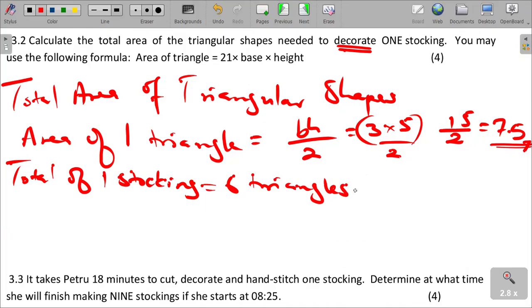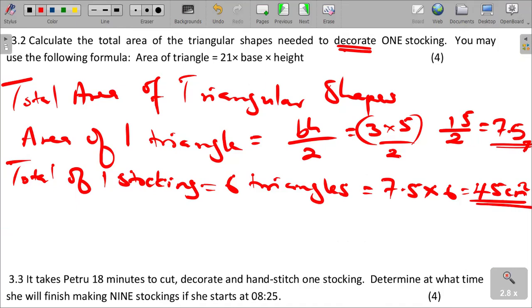So now what are we saying? This is equal to 7,5 multiplied by 6. That is going to give us 45 square centimeters.